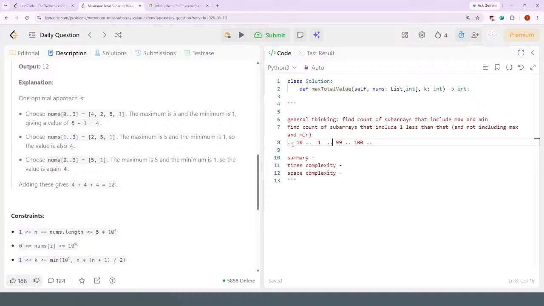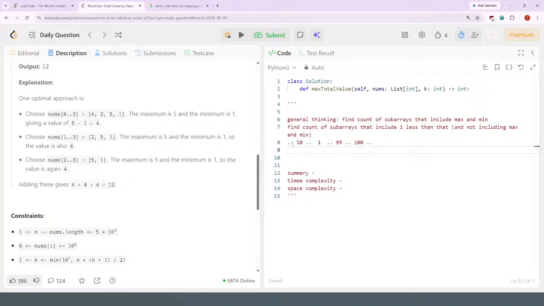I wonder. Minus the min. How should I visualize this?